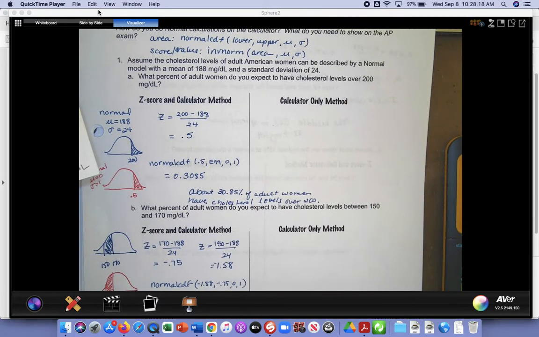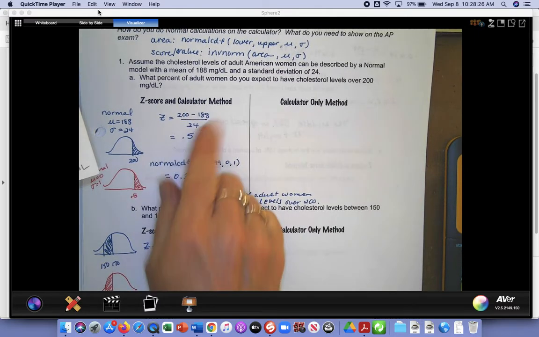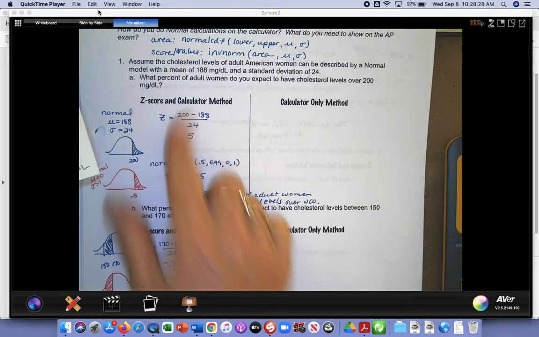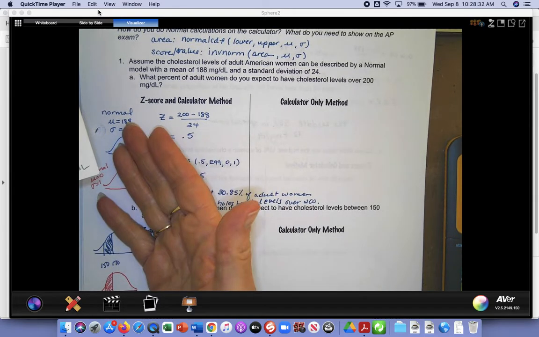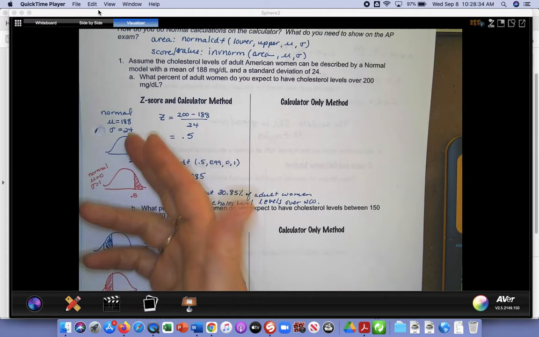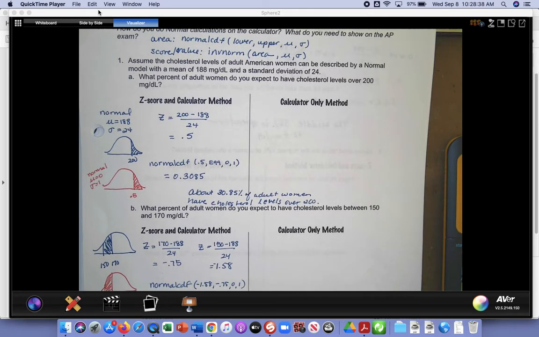There is another option here where you don't have to calculate the z-score at all. I am fine if you want to do this option. Just don't forget what that z-score is and how you can always take any curve that's normally distributed and convert it back to that standard normal curve so we can solve those problems there.